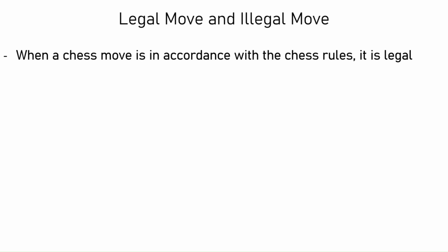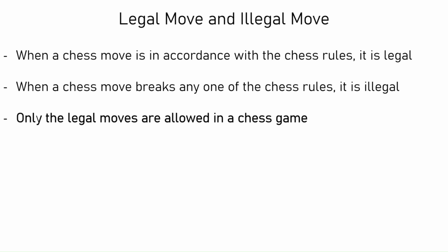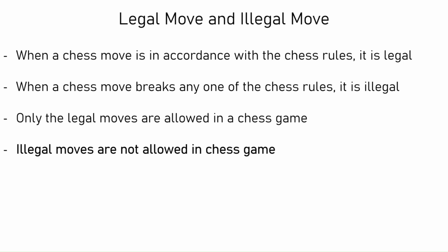When a chess move played is in accordance with the chess rules, then it is considered as a legal move. When a chess move played is not in accordance with the chess rules, then it is considered as an illegal move. Only the legal moves are allowed in a chess game. Illegal moves are not allowed in a chess game.